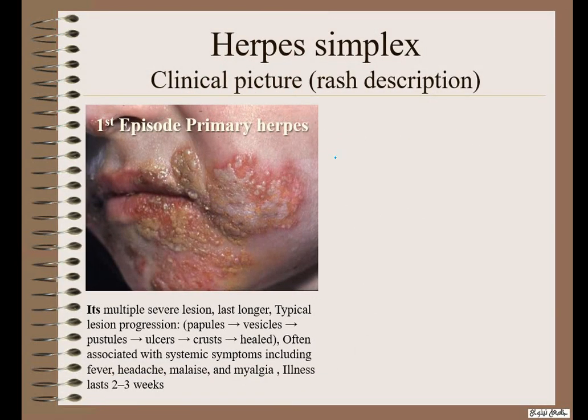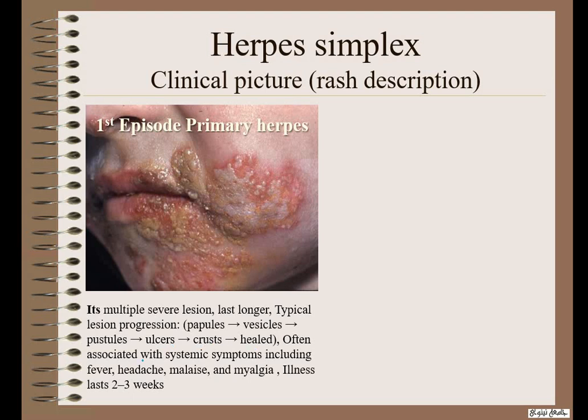Regarding the clinical picture of herpes simplex virus infection, we find the first episode of primary herpes. The patient will have multiple severe lesions. These lesions last longer, and each typical lesion will progress as follows: it starts as a papule, then becomes a vesicle, then pustule, ulcer, crust, and healing.